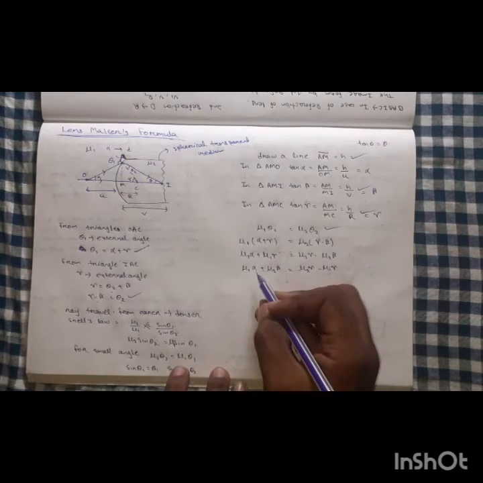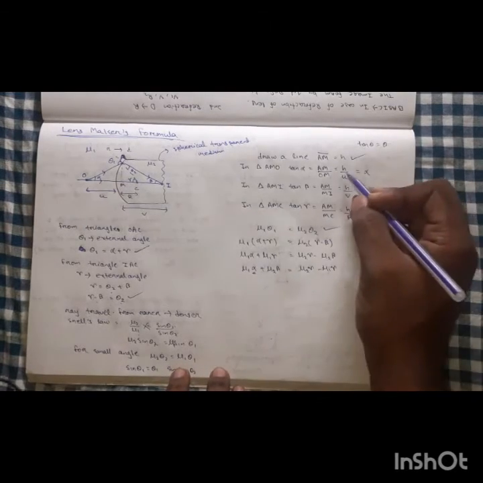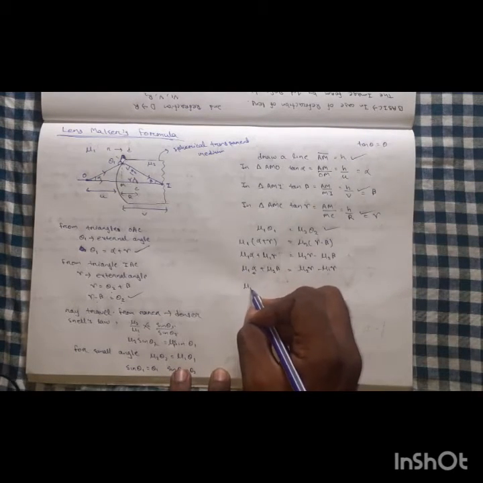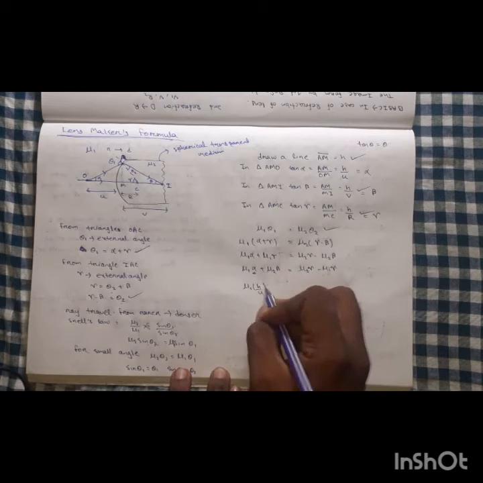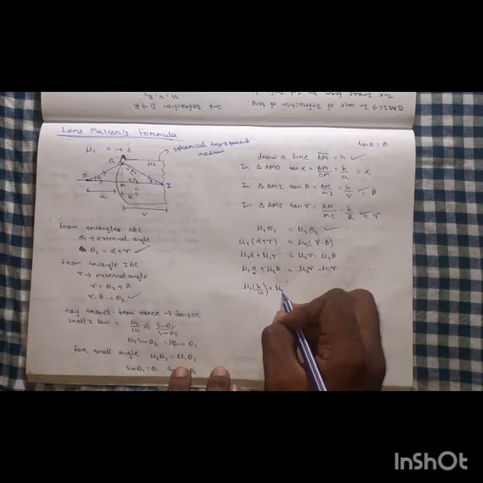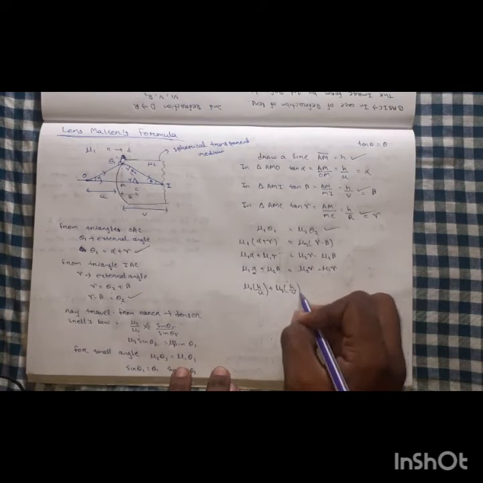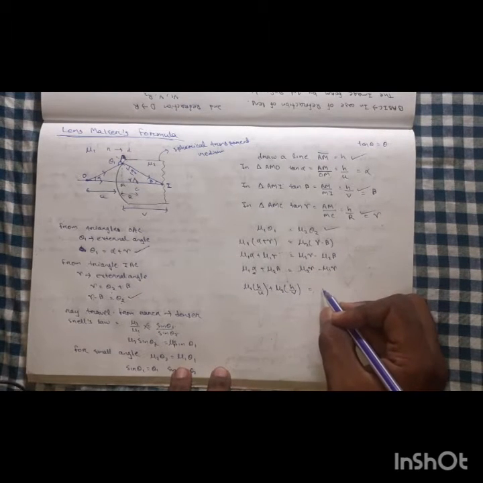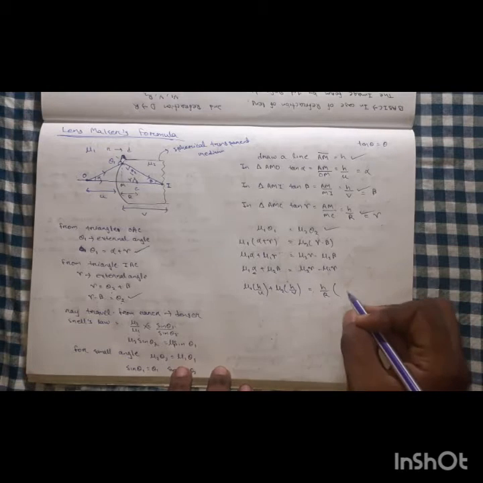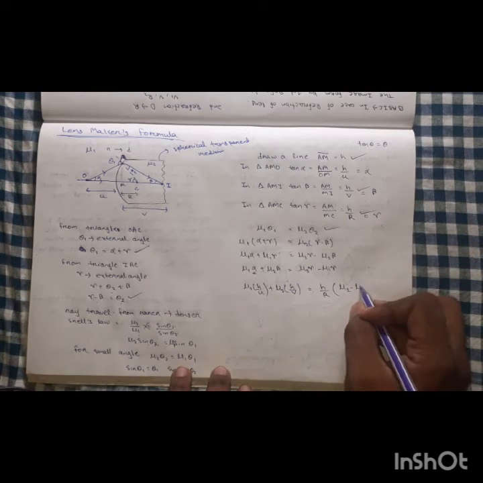Okay. Then alpha equal to what? Alpha equal to h by u. Mu 1 into h by u plus mu 2 into beta, beta equal to h by v. H by v. Then if I take gamma common, then what will be here? If I take gamma common, h by r into mu 2 minus mu 1.